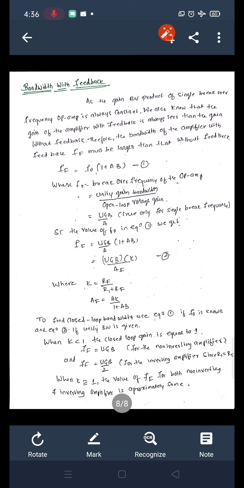This is how we calculate the bandwidth with feedback. So when K is nearly equal to 1, the value of fF for both the non-inverting and inverting amplifier is approximately the same.